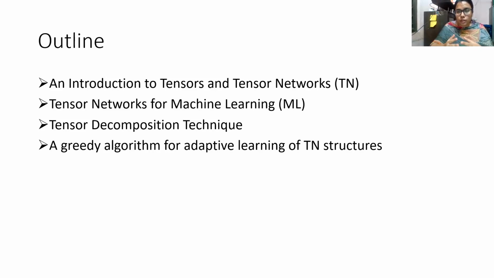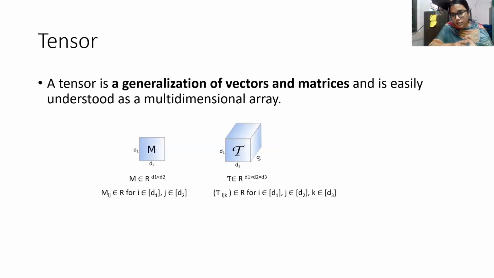The basic thing will be how a tensor network can choose their tensor decomposition technique so that they can optimize by themselves. That's called self learning. We will also discuss that later. So first of all, we will start with what is a tensor.